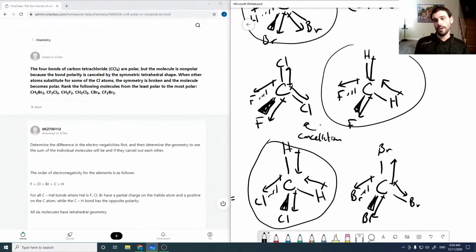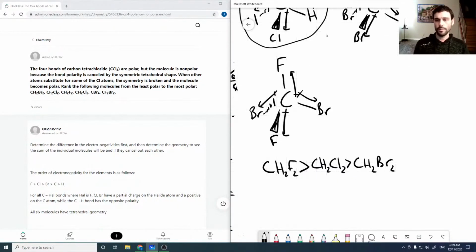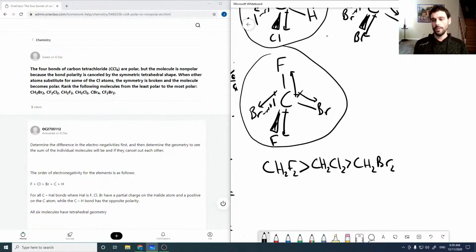So in this case, we've actually got more cancellation due to the chlorines as compared with the bromines, because the bromine dipole is less. And so that means that this guy should be higher because the bromine's dipole is smaller.